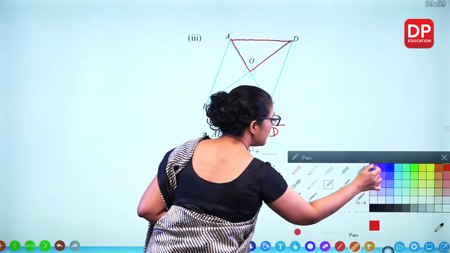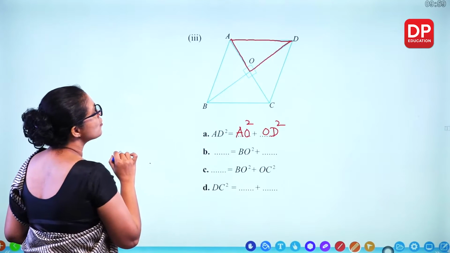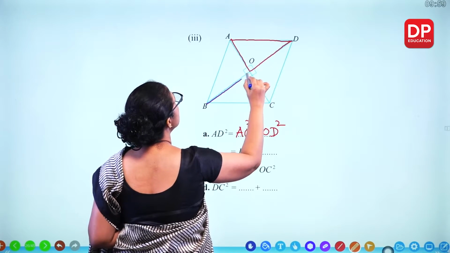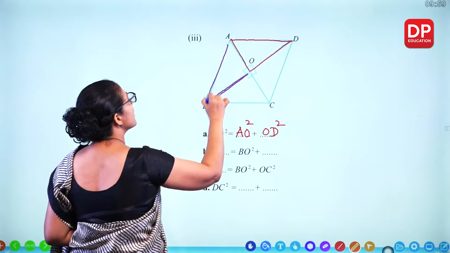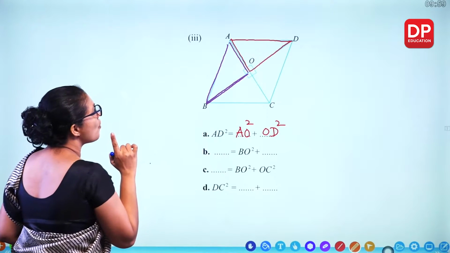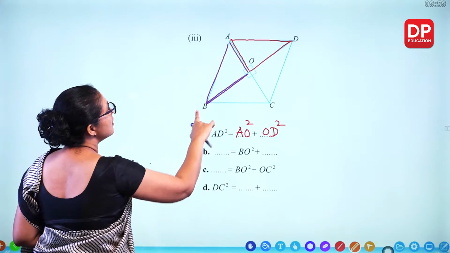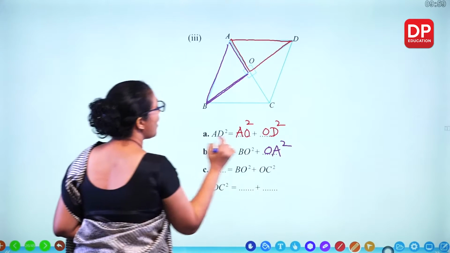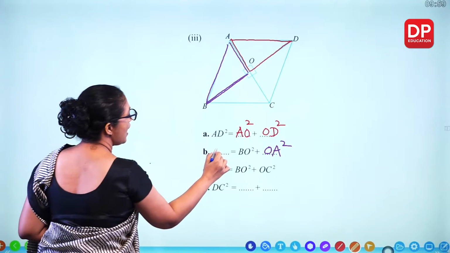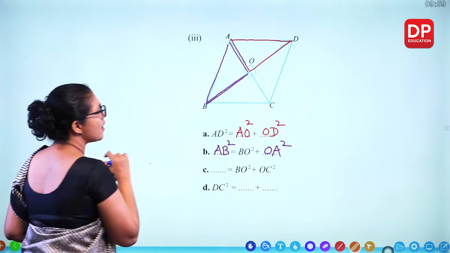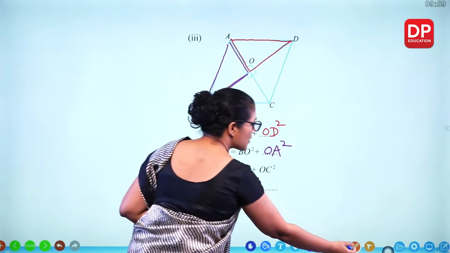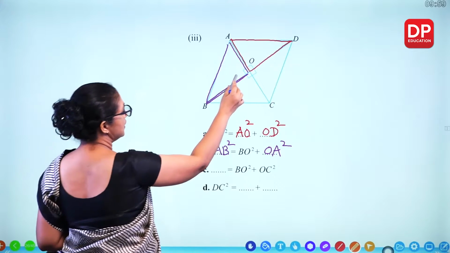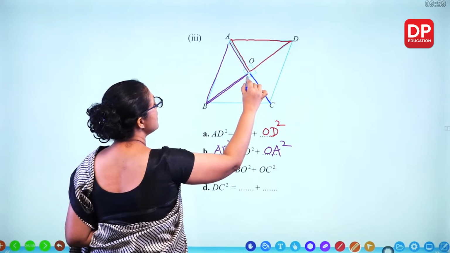We'll take the other one, BO squared. BO, where's BO? This length. So we'll take this triangle now. So BO squared plus OA squared, or AO squared, is equal to AB squared. Now take the next one. BO squared plus OC squared.